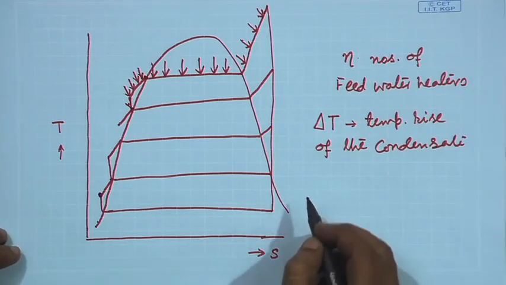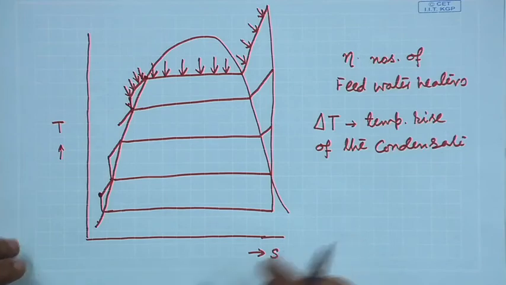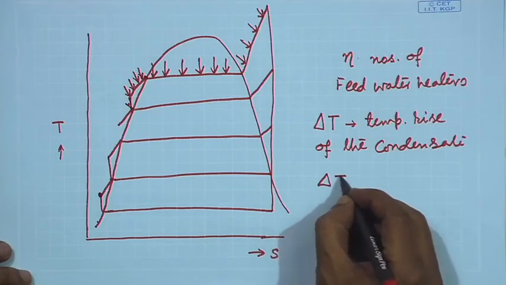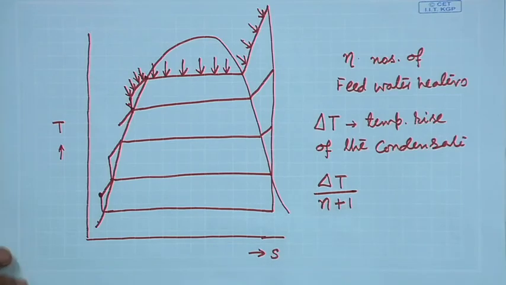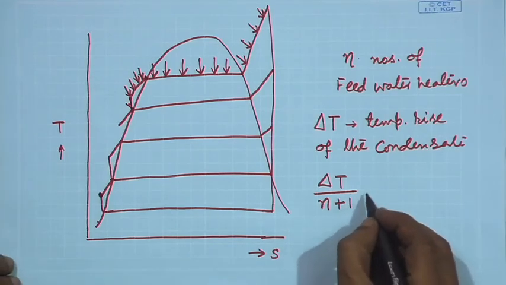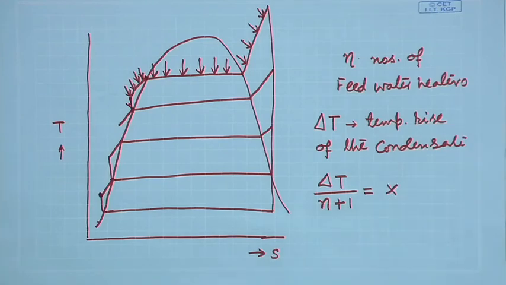So, by an approximate analysis, it can be shown that delta T by n plus 1, let us say this is the quantity called x.